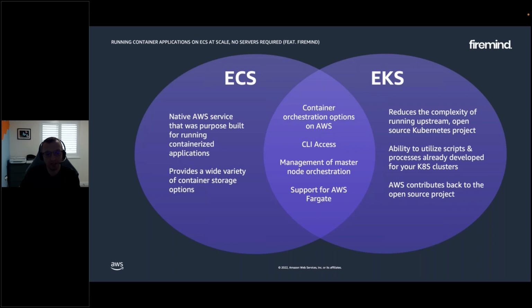EKS, on the other hand, makes it easy to deploy, manage, and scale containerized applications using Kubernetes on AWS. EKS helps with managing and scaling your Kubernetes master clusters. EKS offers a uniform experience between Kubernetes running on premises or elsewhere and on AWS.